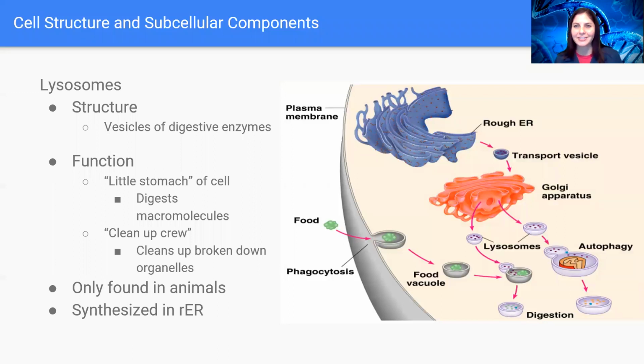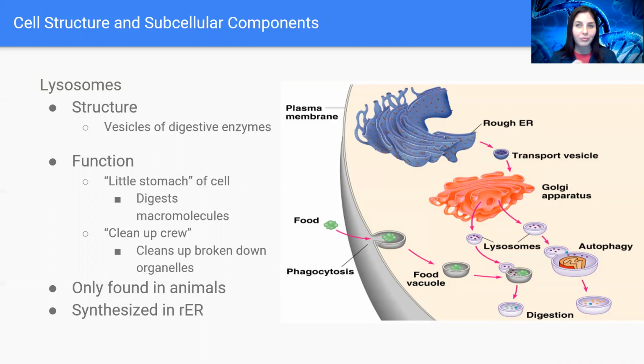Next up are lysosomes. So as far as the structure, they're basically vesicles that are filled with digestive enzymes. And in digestion, remember we are breaking components apart, or we're going to be breaking those macromolecules apart. We're digesting them.